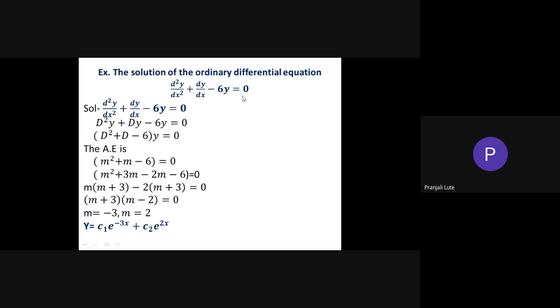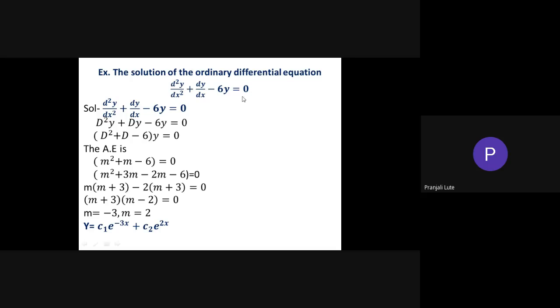Again, I repeat: when the right hand side of the given differential equation is 0, the complete solution or general solution is equal to only the complementary function.